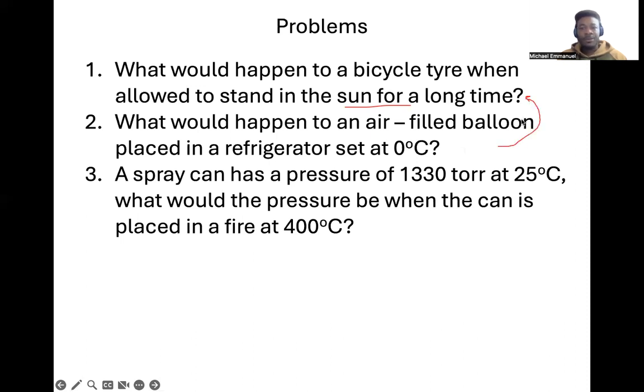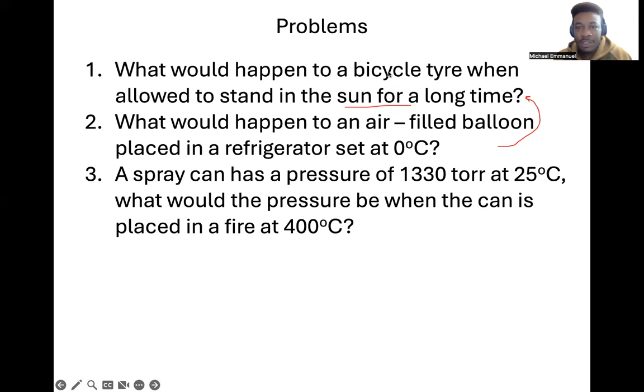When a balloon is filled with air and then placed in a refrigerator at 0 degrees Celsius, if the initial temperature of the gas is around room temperature and the temperature drops to 0 degrees Celsius, the gases begin to contract.